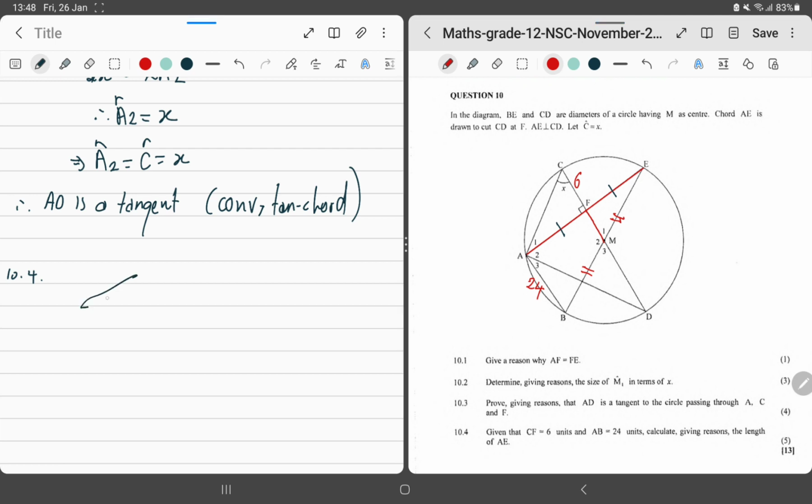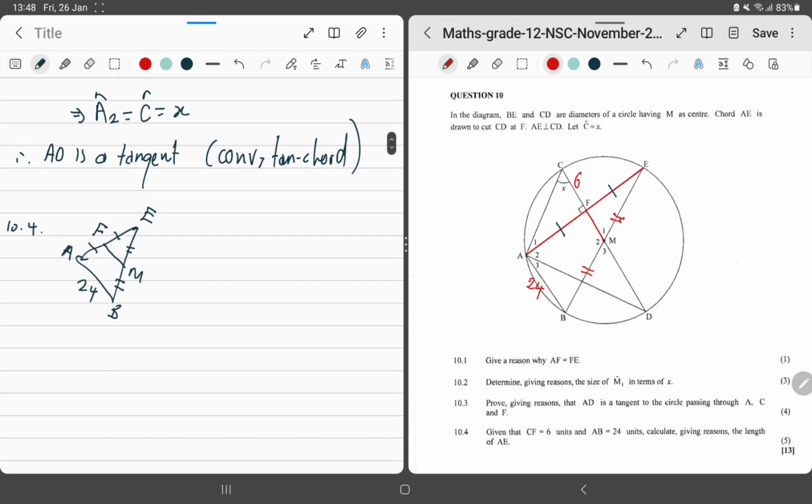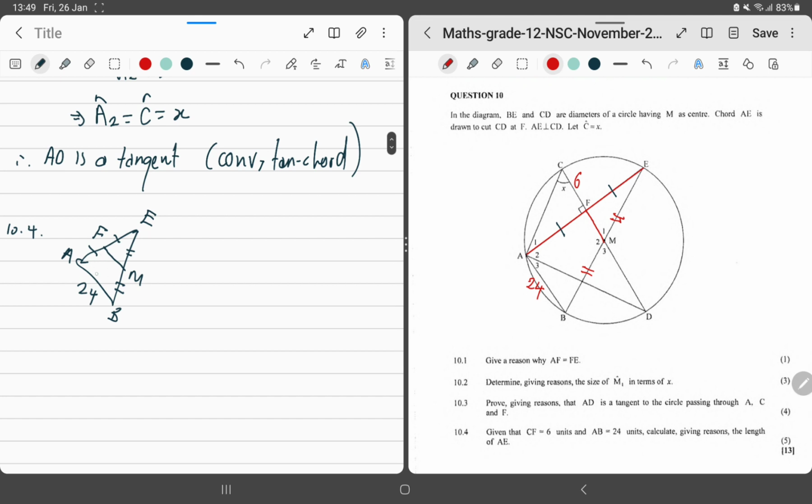So I'm going to have triangle ABE, and then I have that line, which is FM, and then this side is equal to that, this side is equal to that, and I have a 24 there. And then now I can apply the midpoint theorem.